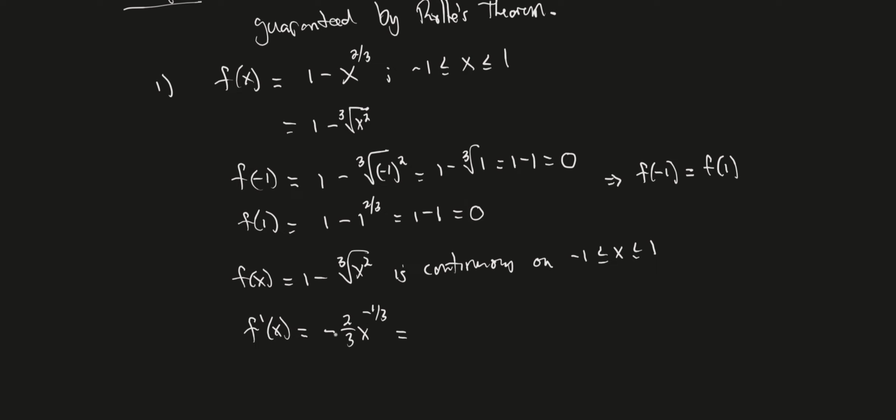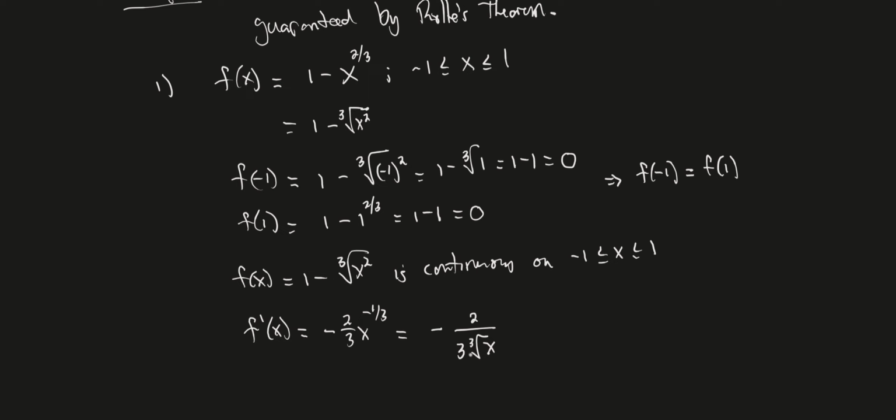Well, I can rewrite this, again, just so that I'm very clear as to what the operations involved here are. I'm going to write this derivative so that I don't have negative exponents. Well, this is equal to negative 2 over 3 times the cube root of x, right? But we can now see a problem.